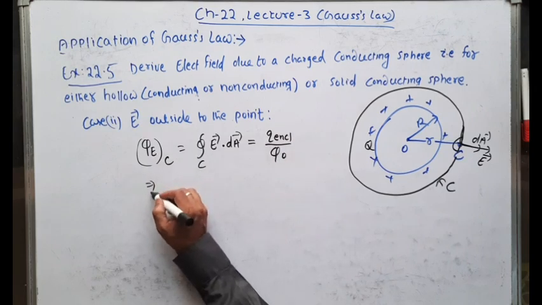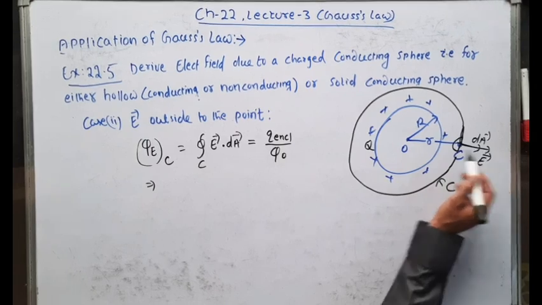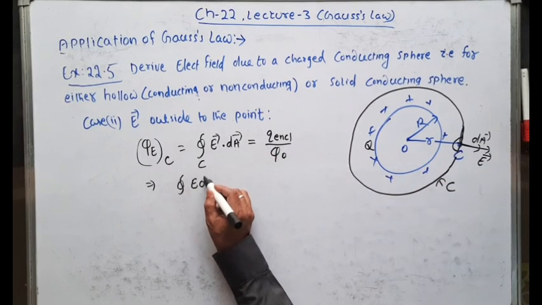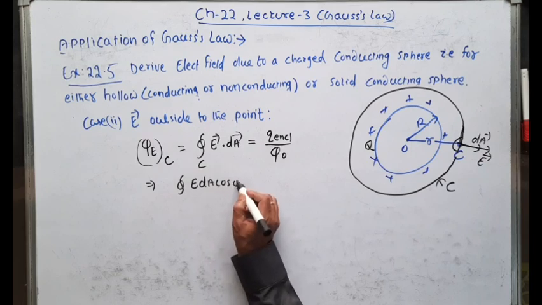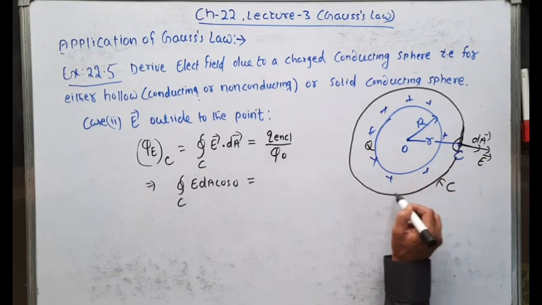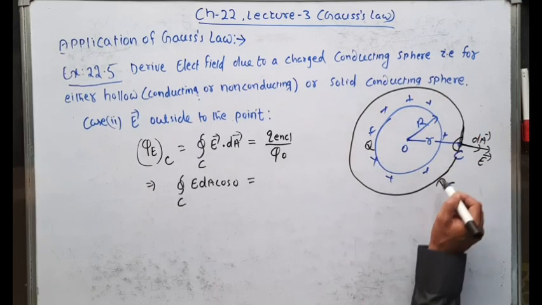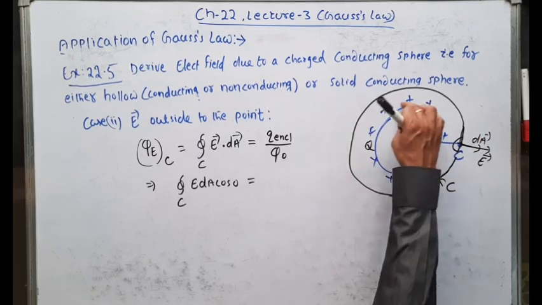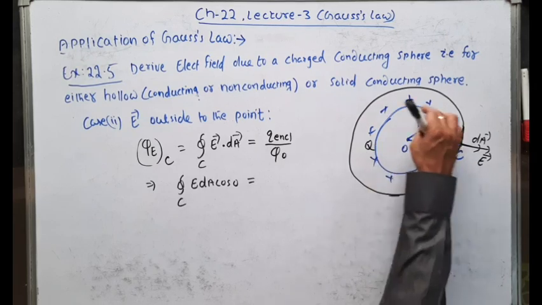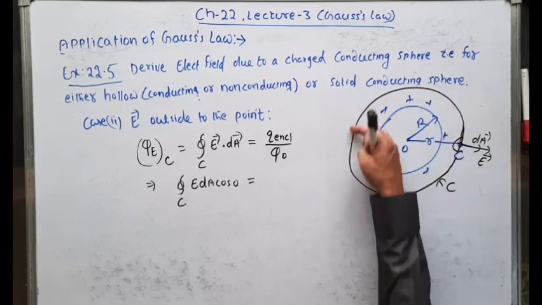So here E and dA are in the same direction, so I can write E dA cos 0 is equal to the total charge enclosed by this Gaussian sphere, which is nothing but whatever charge is given on this sphere.